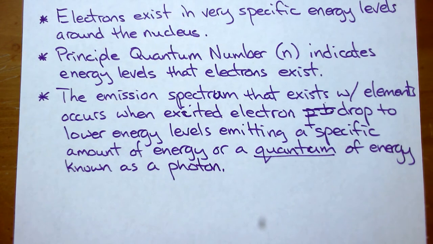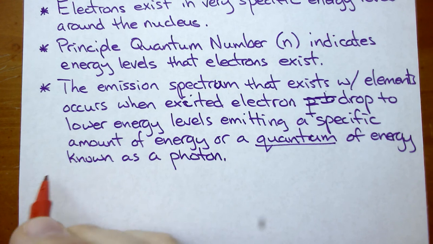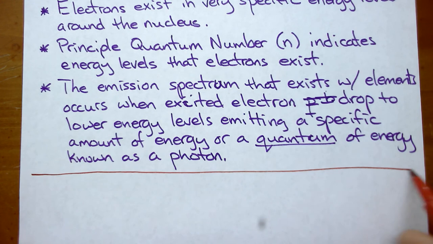So what we see with all of this is that we can now discuss how the electromagnetic spectrum is produced by this excitation and dropping to lower energy levels of an electron. I can show you using the energy levels.